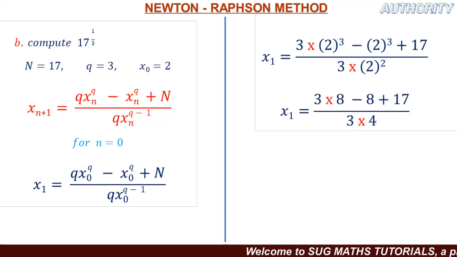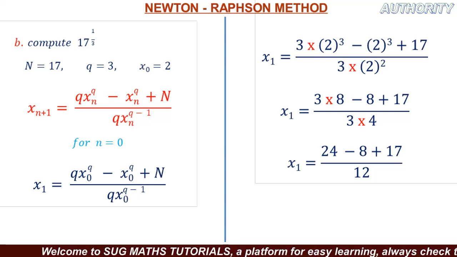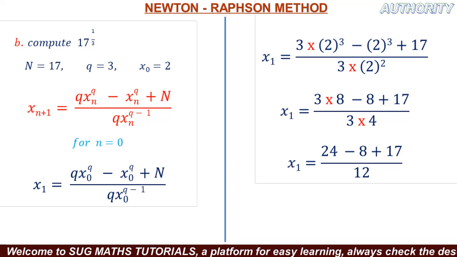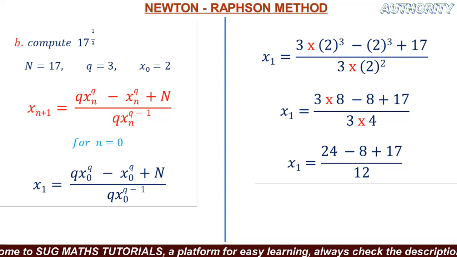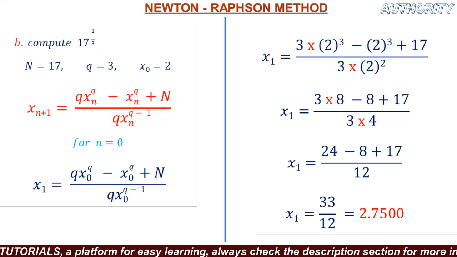So we have 3 times 8 minus 8 plus 17 all over 3 times 4. 3 times 8 gives 24, minus 8 plus 17 gives 33, all over 3 times 4, which is 12. So x1 is equal to 33 over 12.